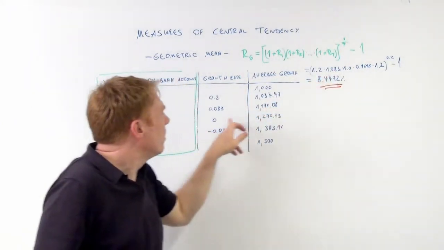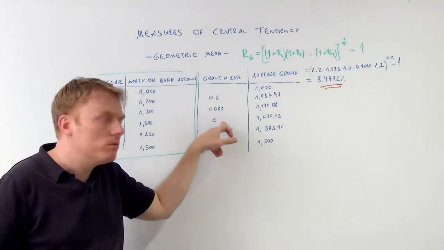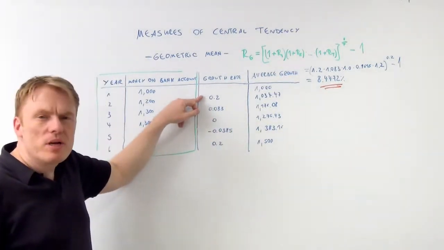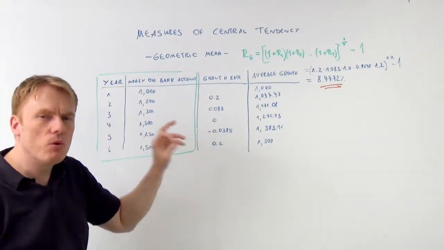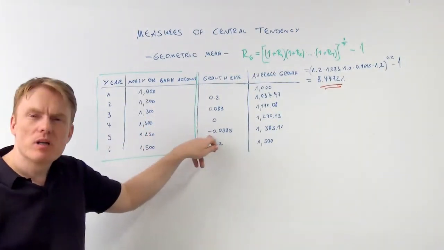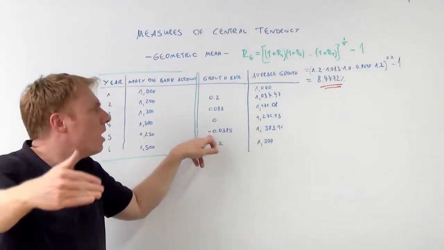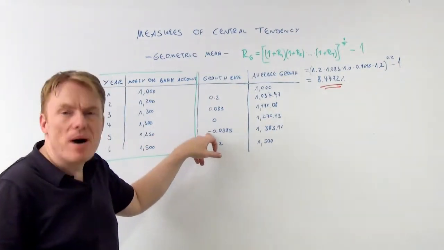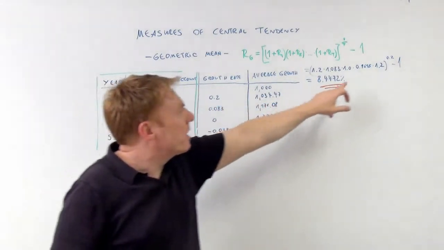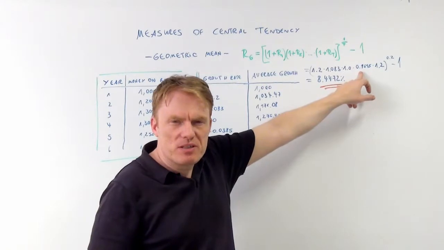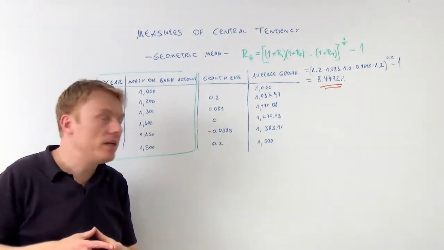For a growth rate of 0%, it's 1.0, which means you always add 1 to every single number here, even if it goes down. You also add 1, which means 1 plus minus 0.0385 gives us 0.9615, and so on.